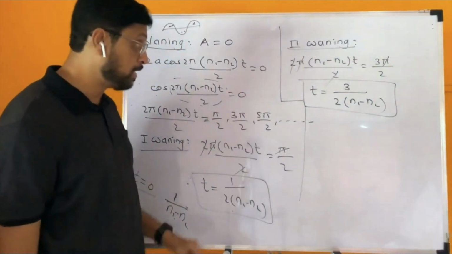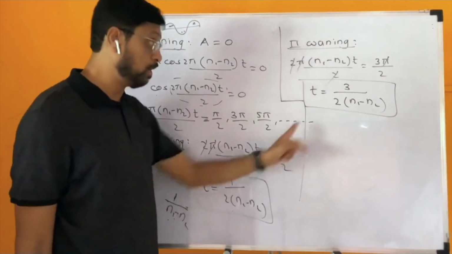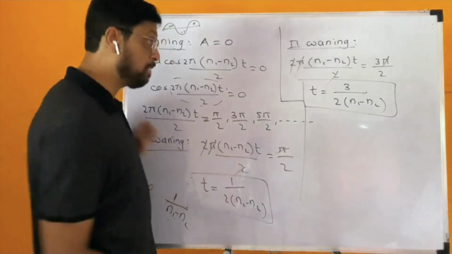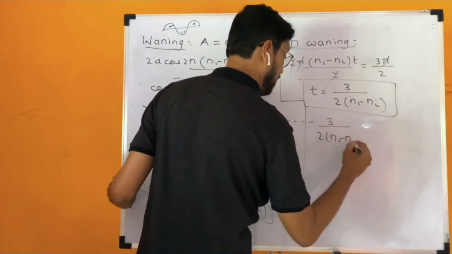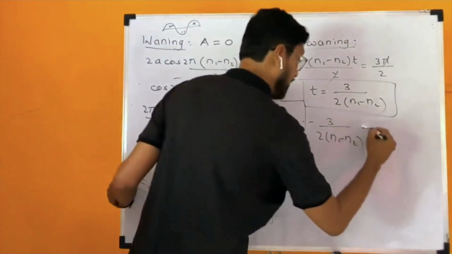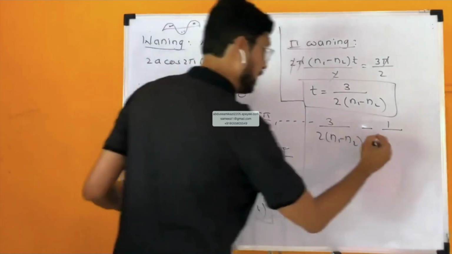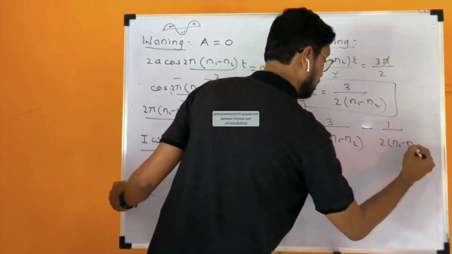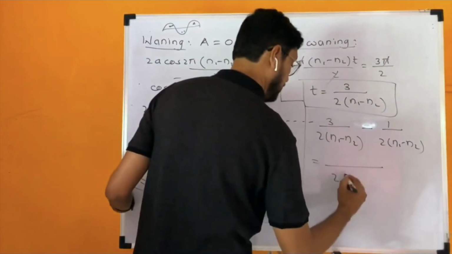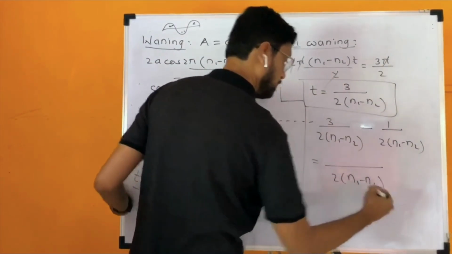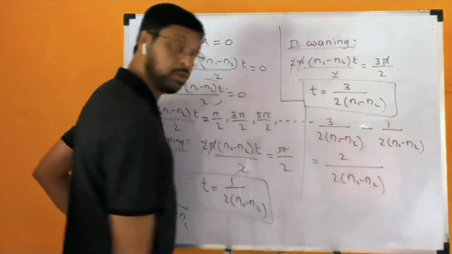So what is time interval between two successive wanings? The first waning और second waning, इनके बीच का time interval होगा 3/(2(n1 - n2)) minus 1/(2(n1 - n2)). That is equal to, denominator is common, 2(n1 - n2). 3 minus 1 is 2.